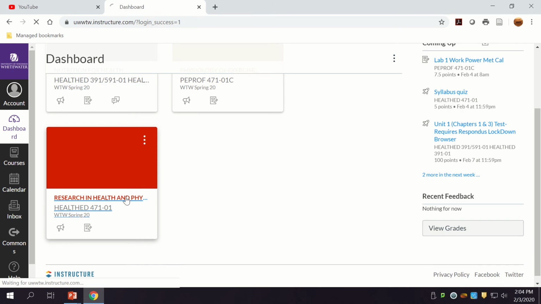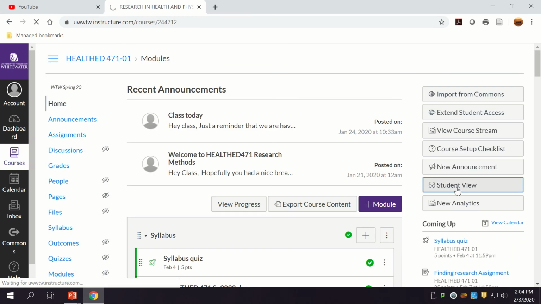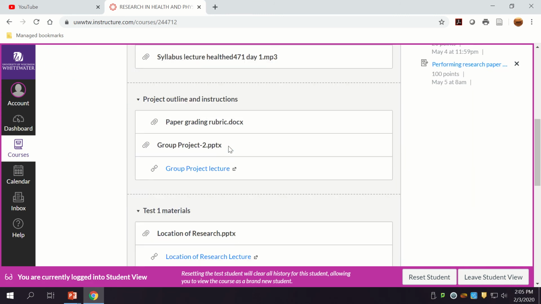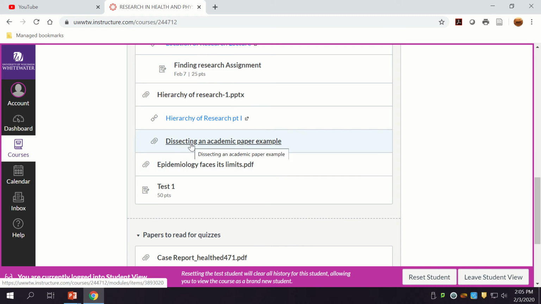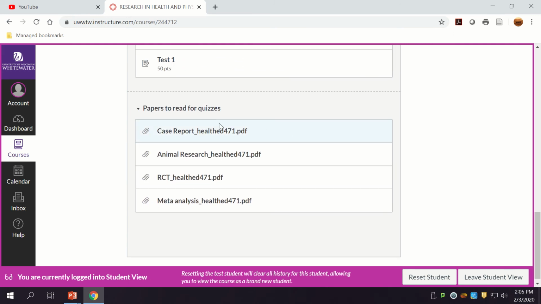This is research methods. I'm going to go to student view so you can see it. Paper project outlines, dissecting an academic paper example, that's where that is. It's under test 1 materials. That's where the CrossFit Keto is, and papers to read for quizzes, case report, it's right there.